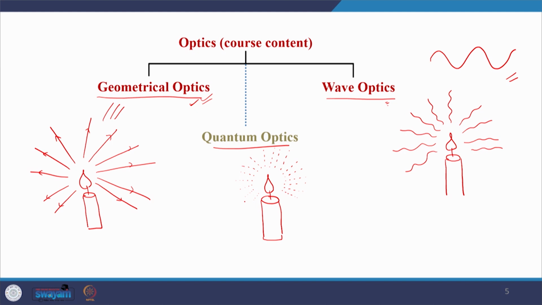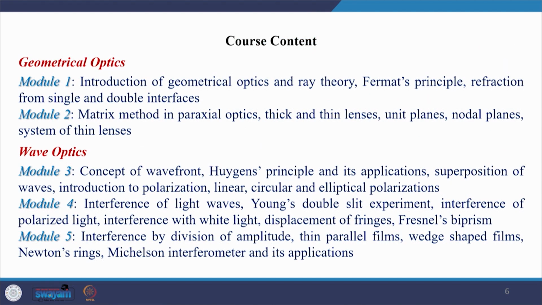But the course applied optics covers only geometrical optics and wave optics. We will not discuss quantum optics in this course. Now, with this, let us go to the course content.